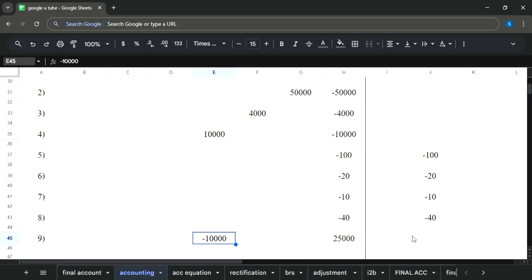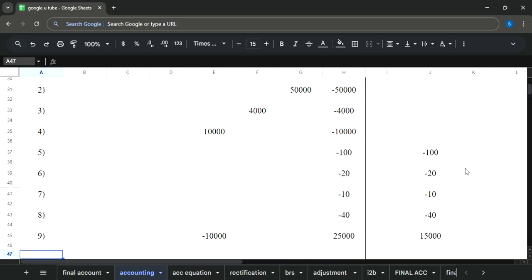How much profit are we earning? Cost was 10,000, and you have sold these commodities for 25,000. So 15,000 is your profit, which would be given to the owner of the business. 15,000 profit. Alright guys, so number 9 transaction is done, and now we will see number 10 transaction.